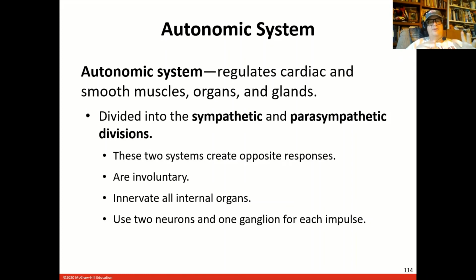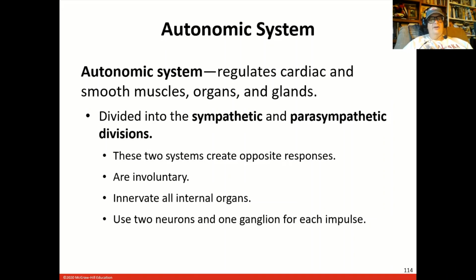The autonomic nervous system is not voluntary. We do not have the ability to control this. The two systems, sympathetic and parasympathetic, work in opposite manners. I've already said this, but sympathetic is the fight or flight, and parasympathetic is the opposite, rest and digest is the phrase that they use for that.